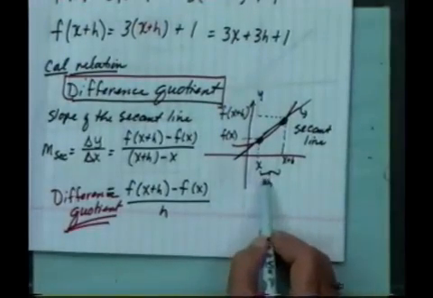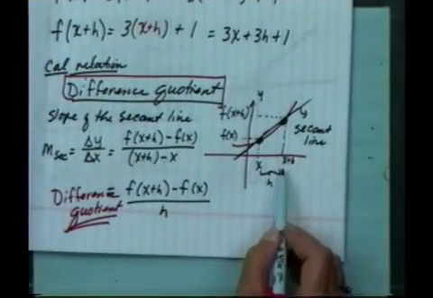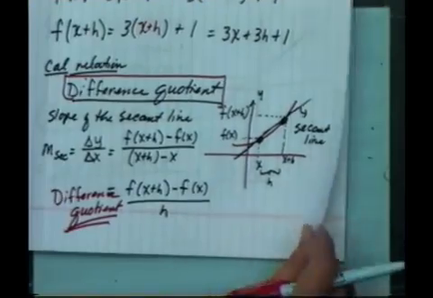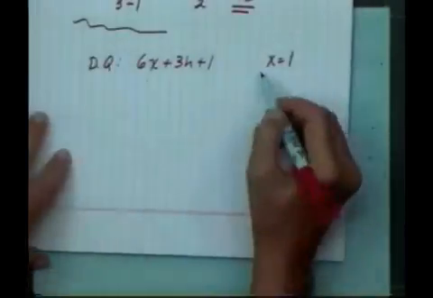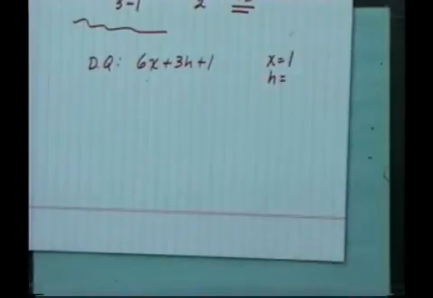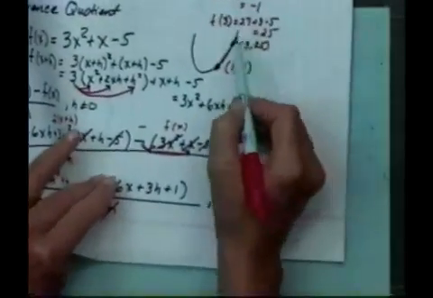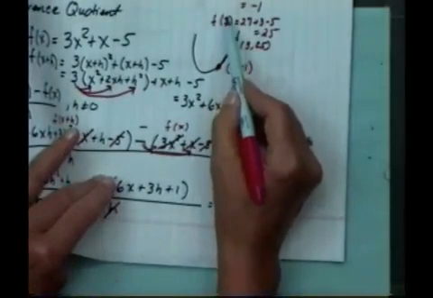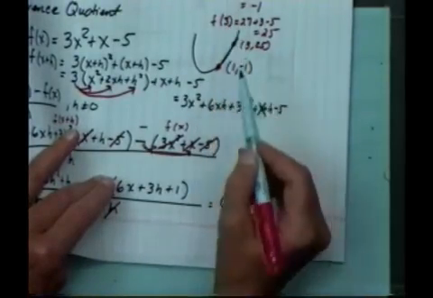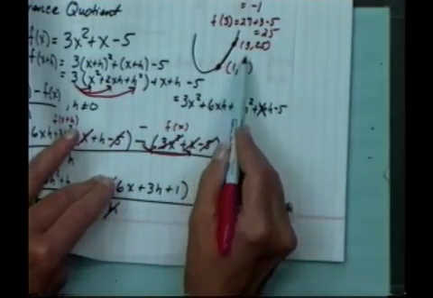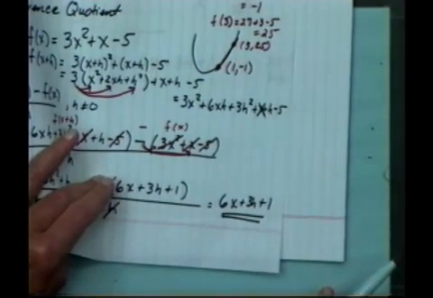Wasn't h how far we came over from x to get to the next value? So in this case, with the problem that we just did, what would be my h here? How far did I come over for x? 2. Isn't h equal to 2 here?